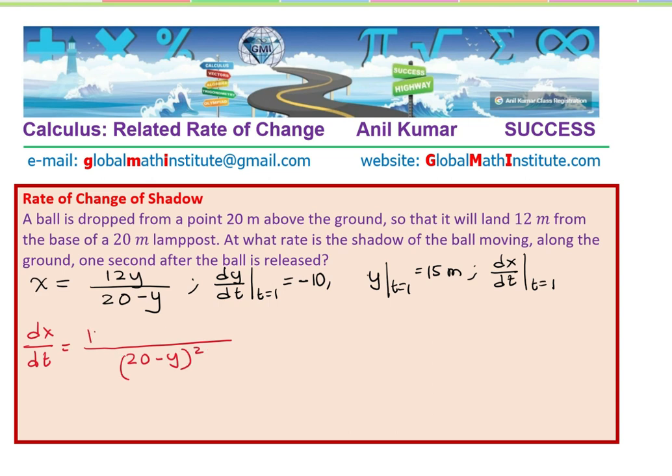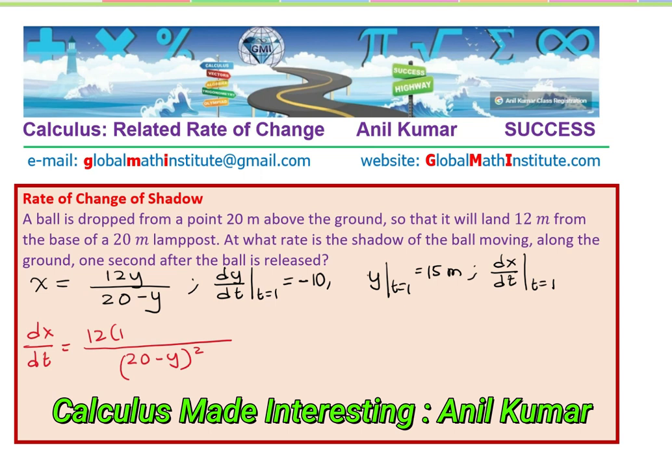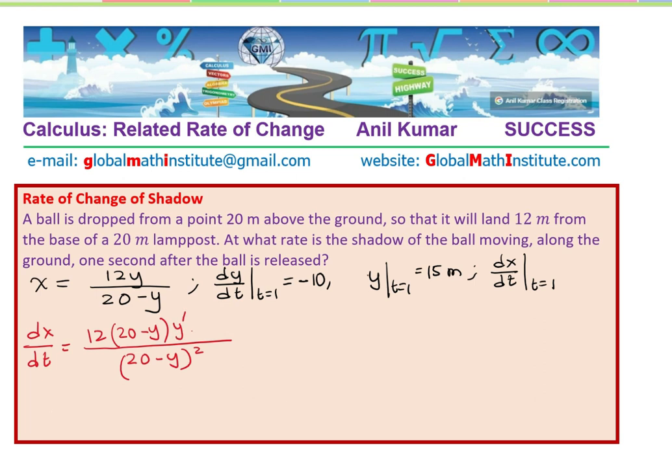Derivative of first is 12 times (20 minus y), I have to write dy/dt also, times y prime, which is dy/dt, minus the derivative of 20 minus y, which is minus, minus will become plus 1, this is minus 1, right?